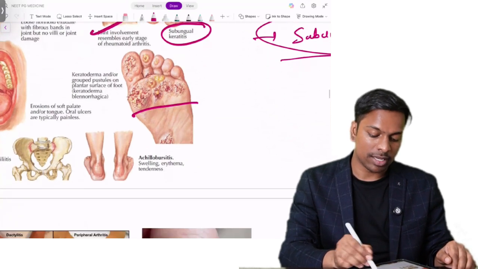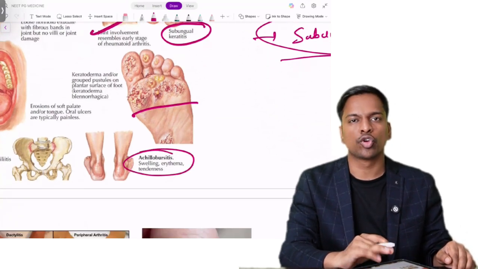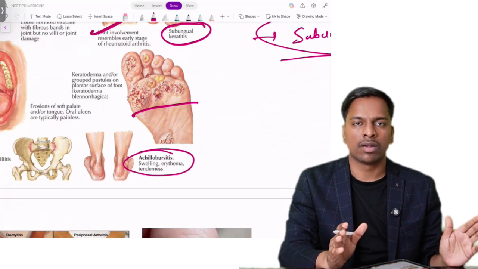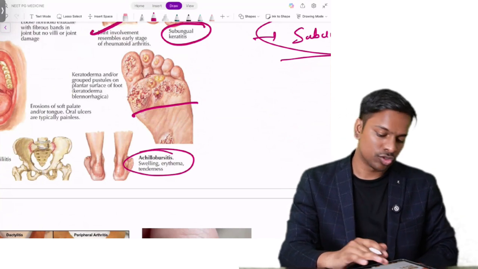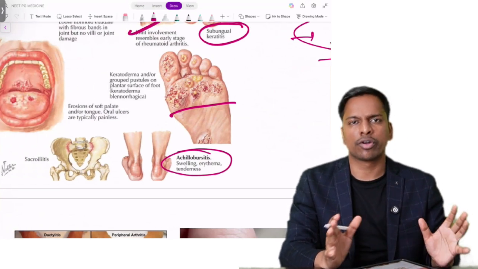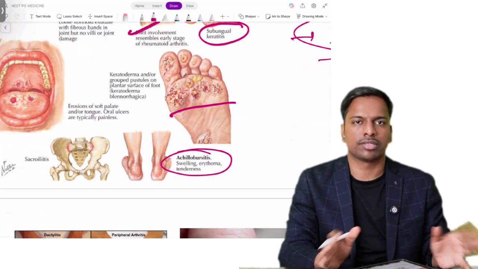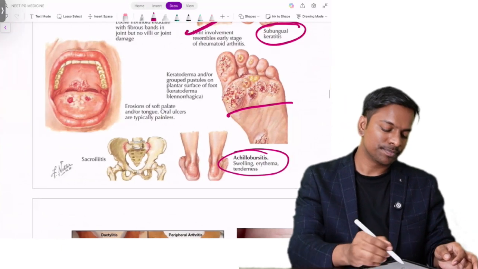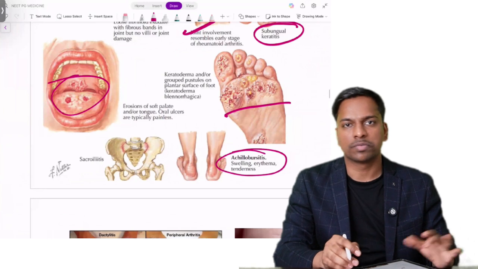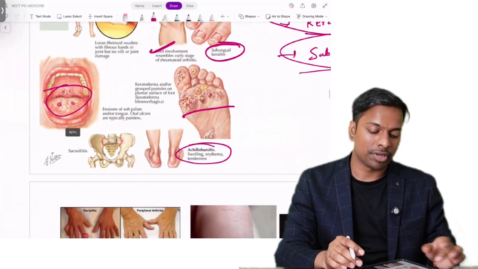Enthesitis is like a group symptom of the peripheral small arthropathies, and can be there in any seronegative arthritis. Soft palate ulcers can also be seen in this patient. That's about reactive arthritis.